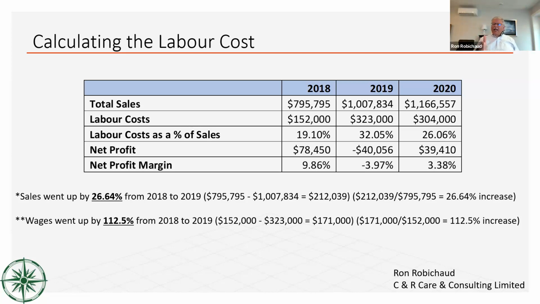So we're starting to regain some momentum here, but it's just to understand when you're doing analysis, and this is the unfortunate part, there's no common system. You get your Sage and your QuickBooks and your Simply Accounting, and all of those accounting systems do not provide you the percentages of labor costs, of material costs.